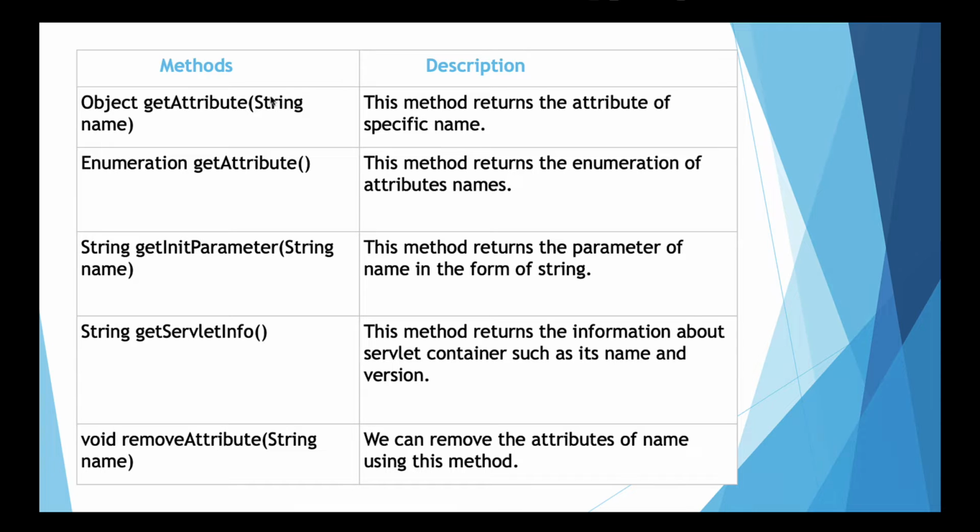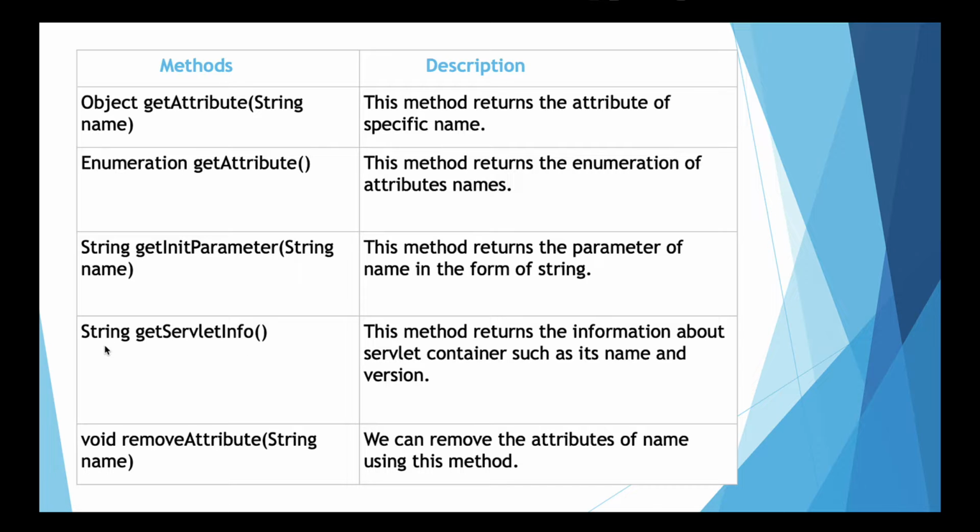Object getAttribute: this method returns the attribute of the specified name. Enumeration getAttributeNames: this method returns an enumeration of attribute names. String getInitParameter is the method; the description is, this method returns the parameter value of the given name in the form of a string.